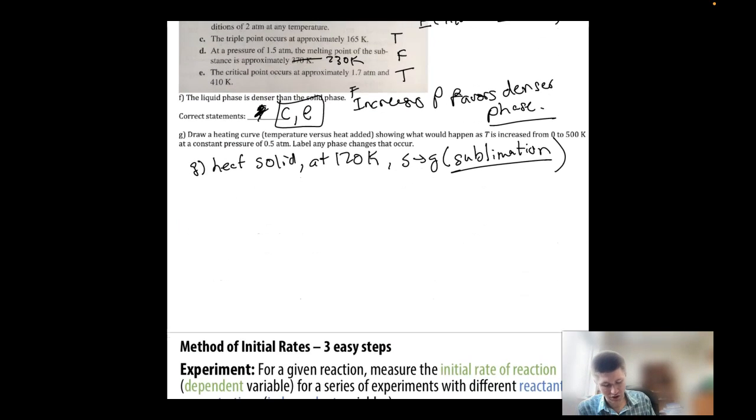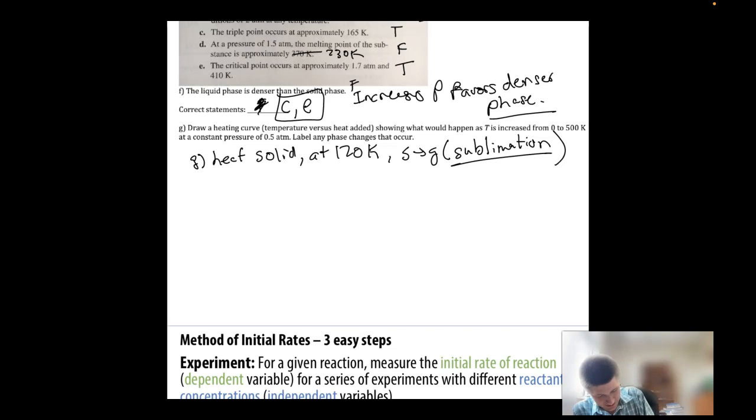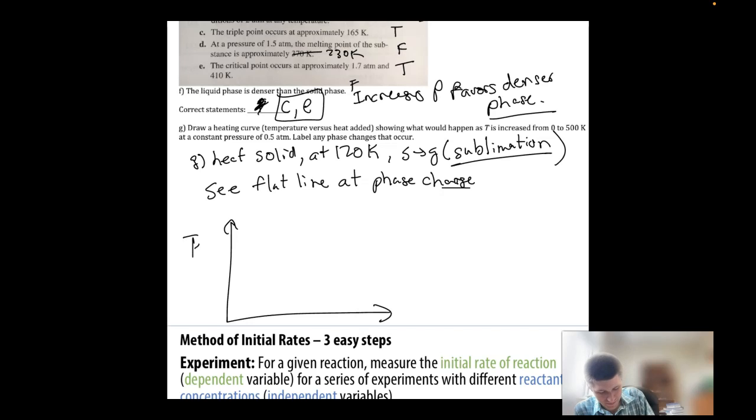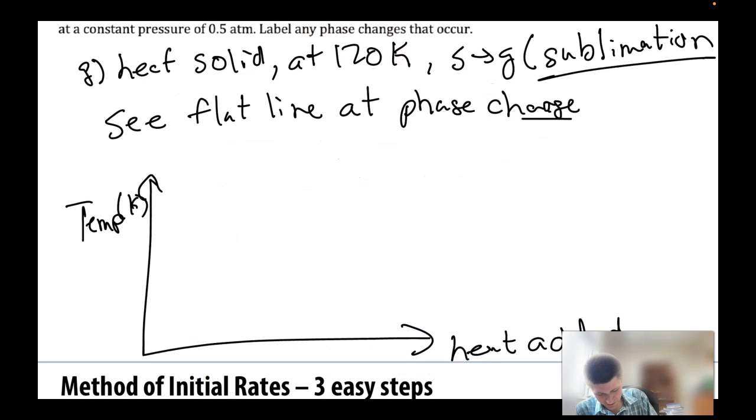The way a heating curve works here, remember, is that we see a flat line at a phase change, because at that point the extra heat that we add is just going to go into doing the phase change rather than increasing the temperature. So if I plot temp in Kelvin here and heat added, we're going to start down at 0.